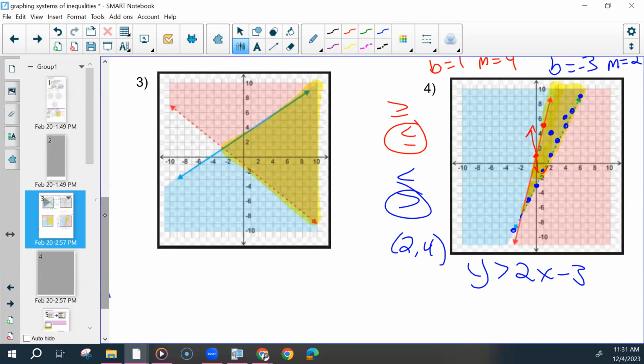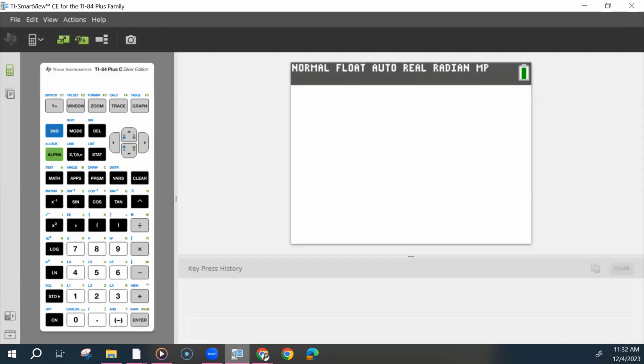I'm going to show you this in the calculator again, just because it works a little differently when it's a system. So if you don't have a calculator, go grab one. You're back with this.